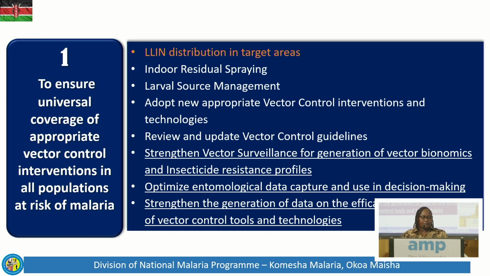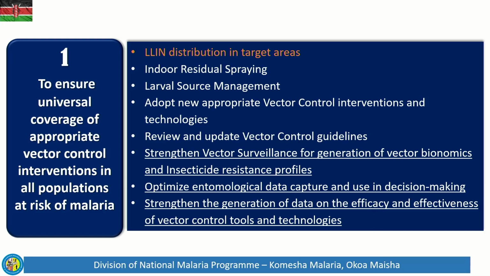So our objective 1 is where we now have the vector control interventions, where we have ITNs, IRS, and LSM as the interventions in place, ITNs and IRS as the core interventions, LSM as supplementary.